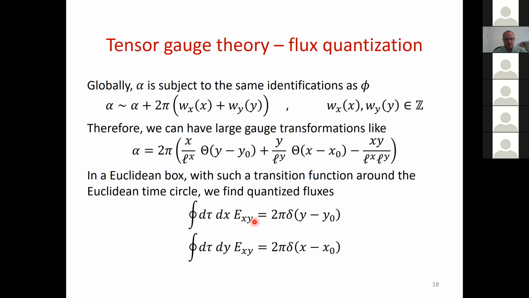We can compute the integral of E. And because E is given by derivatives of the gauge fields, we integrate by parts and read off the boundary terms using the transition function. So we just do the same thing that is often done, and we get a delta function of X and a delta function of Y, where the coefficients here are quantized. You see that the fields will necessarily have delta functions in them, because if the integral has a delta function, then the field itself will also have some singularities.